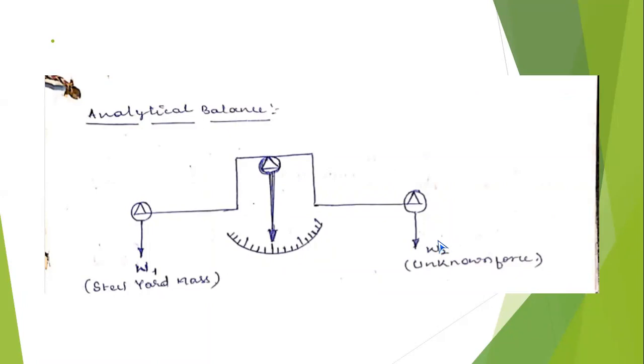Then you have already placed the 1 kg dead weight. That is the metric standard system. Earlier you had standard mass that may be in pounds, but now we are using the metric system. For that reason, you have to keep the dead weight of 1 kg in the left pan, that is W1.